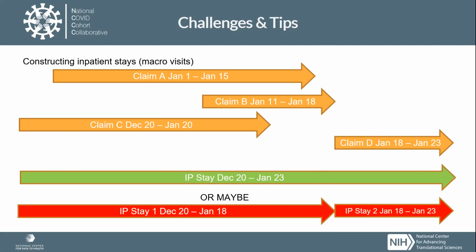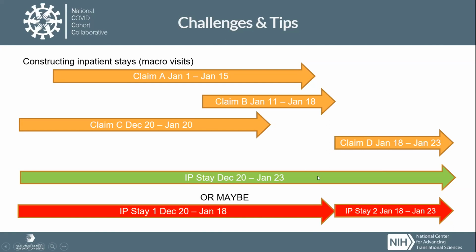There are other things I would do. You can look at the discharge disposition, which might tell you, and other codes on the claims like the DRG code, diagnosis related group code, which is how CMS pays for Medicare inpatient. If the DRG was different on these two, then I'd probably consider it two different inpatient stays.